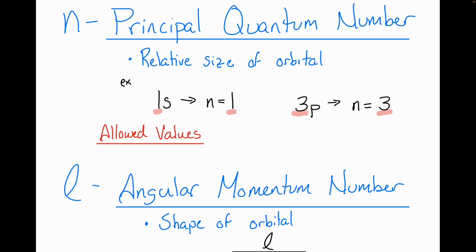Our periodic table limits us to 7, but in theory, somewhere in the universe, there may be even larger elements. So our allowed values for n are any counting number, any whole number greater than 0. n can be 1, 2, 3, 4, etc. Maybe somewhere in this universe there's an atom that has a principal quantum number of 25. I don't know. We definitely don't have one here on Earth. But in theory, that principal quantum number can be any value greater than or equal to 1.